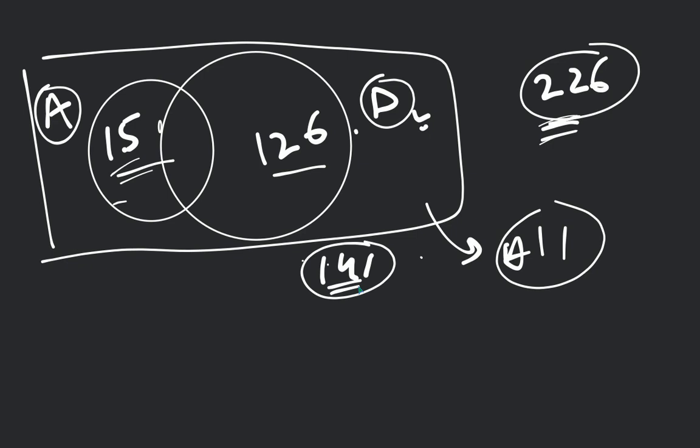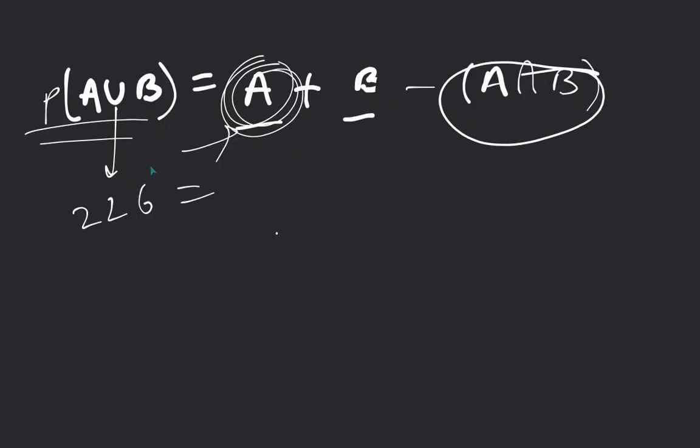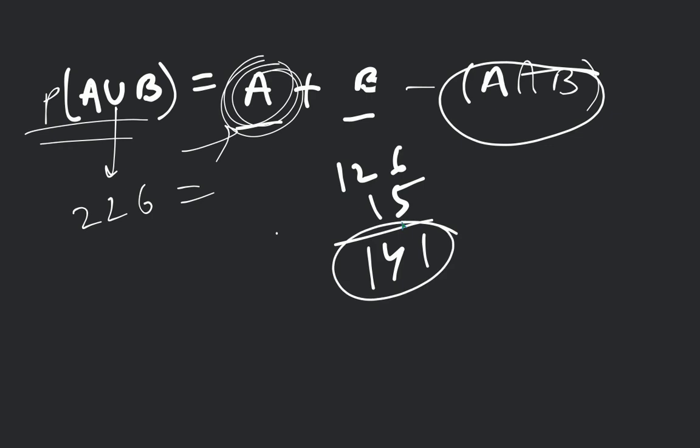So what the question is asking is how many participants had drowsiness. 141 had either or both. Let me see. This is 126, 15. What is the remaining? 126 plus 15 will be 141. Basically 141 done.